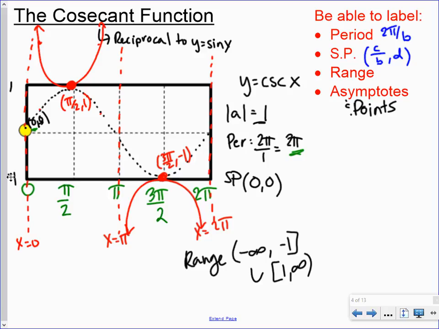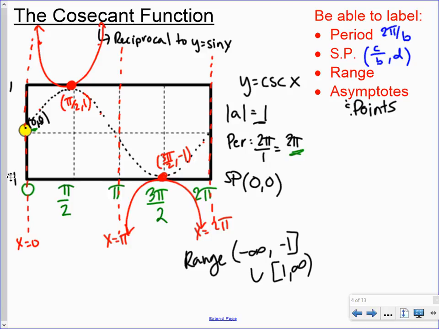So that's why I've sketched my sine graph. The places where those parent graphs, sine and cosine, are equal to 0 happen at the midline of the graph. So basically, any of the points where sine crosses the midline turn into asymptotes. And that will be true for secant as well. Anywhere you're crossing the midline, draw an asymptote.